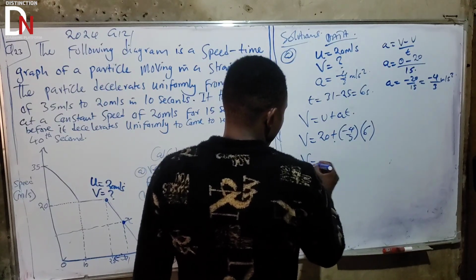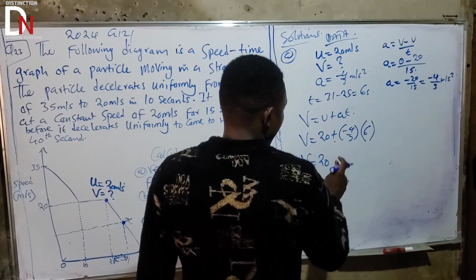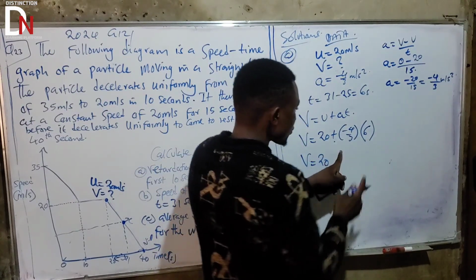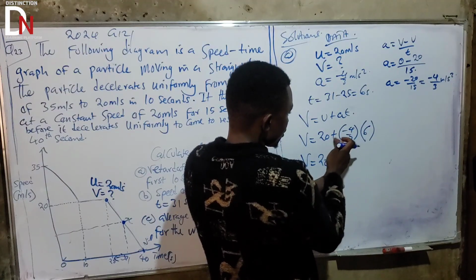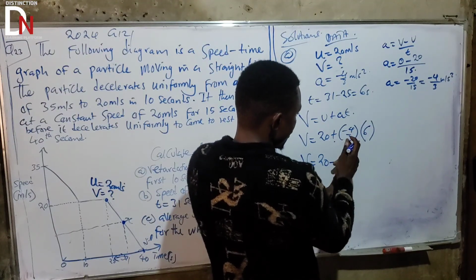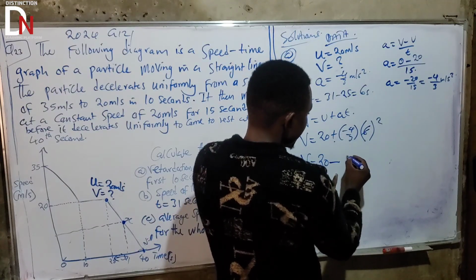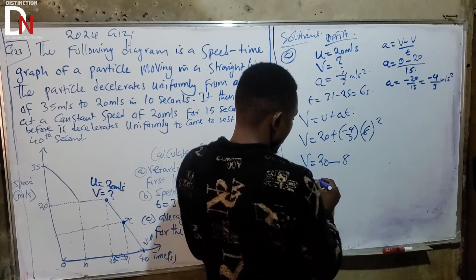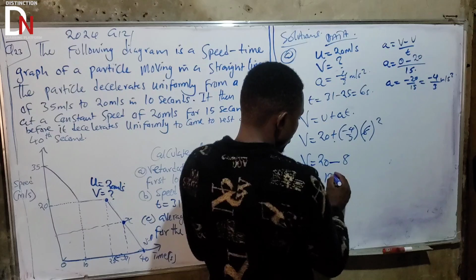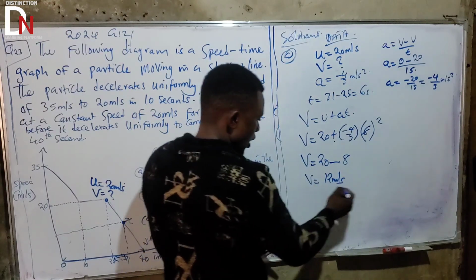Therefore v is equal to 20. Look here, positive times negative is negative. 3 into 6 is 2, 4 times 2 is 8. Therefore, v is equal to 20 minus 8, which is 12 meters per second.